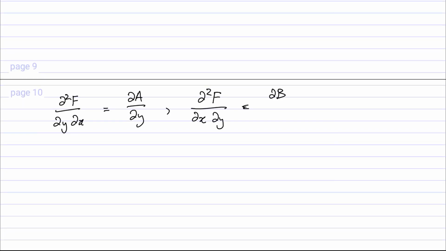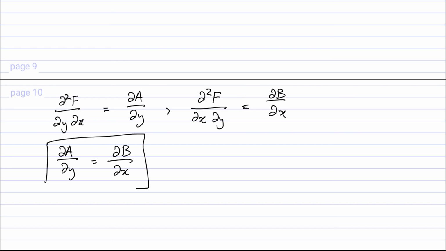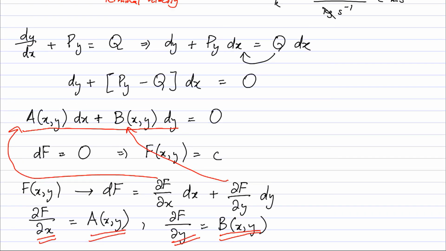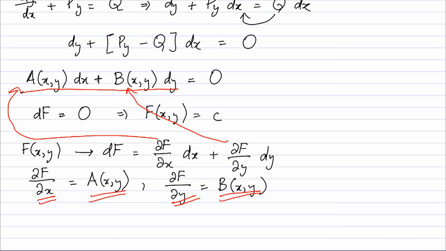Since I'm assuming that capital F is reasonably smooth, the cross derivatives have to be equal, which means that I must have the partial of a with respect to y equal to the partial of b with respect to x. If this condition is met in your original differential equation, then you are dealing with an exact differential equation.